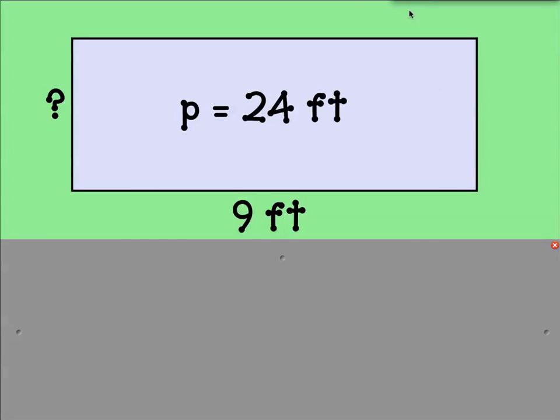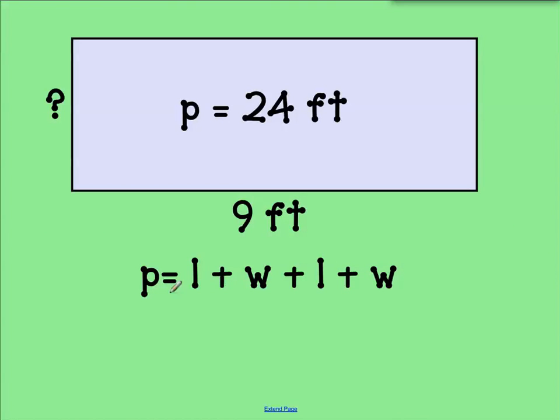Okay, now that you have that written down, we are going to start the same way that we started with area. We're going to take a look at the formula for perimeter. So you remember that perimeter is length plus width plus length plus width. So all you're doing is adding up the outside four sides. So what I'm going to do is exactly what I did last night. I'm going to substitute the information that I know into the number sentence.